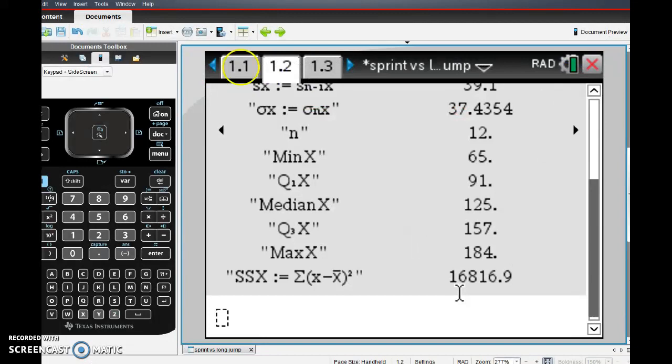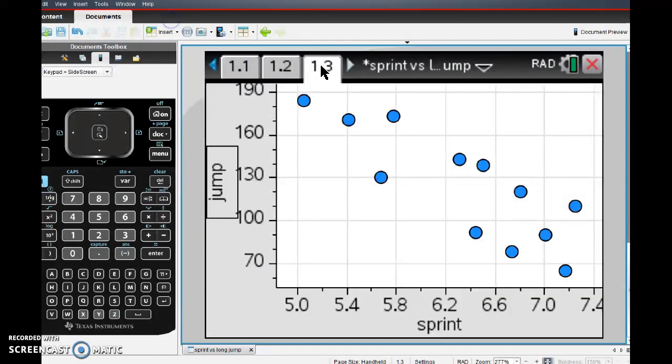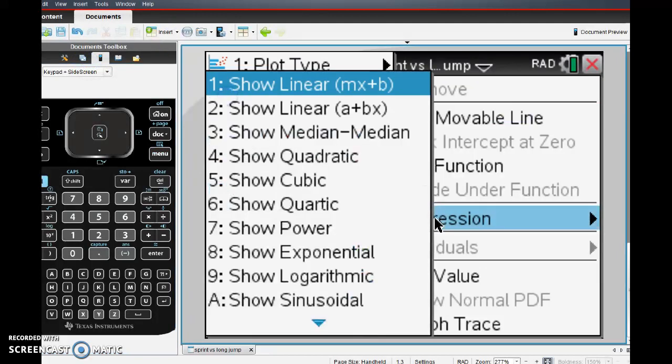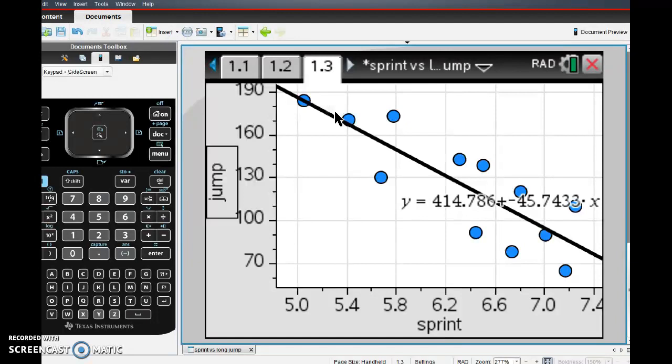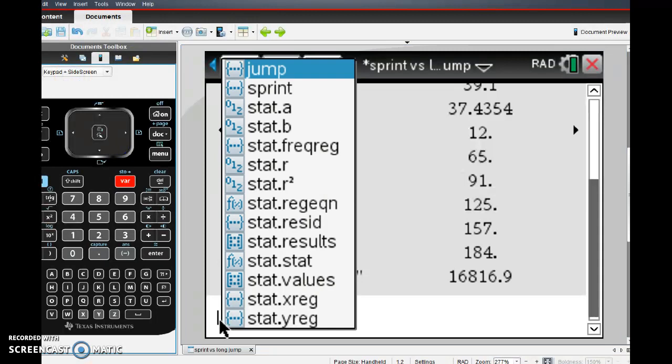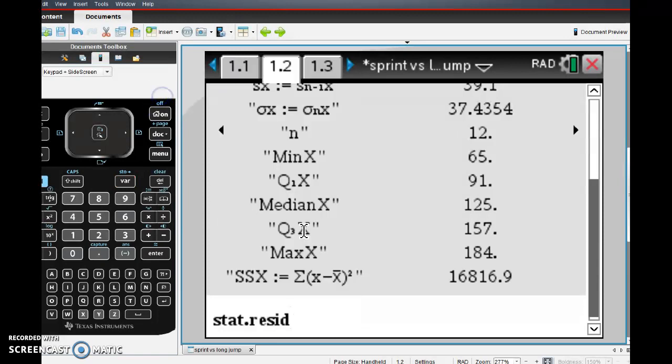A couple ways we could do that. First of all, let's calculate our residuals. When I run my linear regression line, it stores my residuals into a list, right? It stores them into this list right here, stat resid. So I could do the one variable statistics on that and take this bottom number again, or I could just square all those values and sum them up. Doesn't matter how we do it. I guess this one I'm going to do by hand.